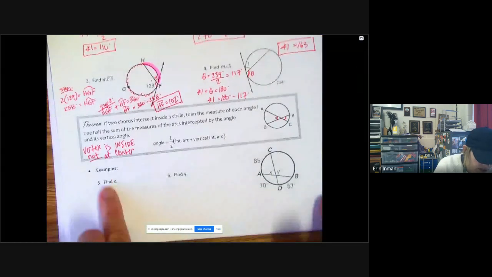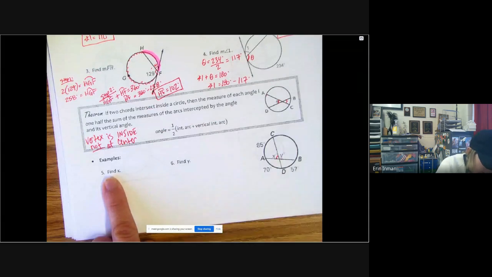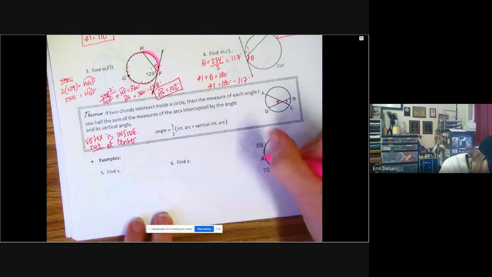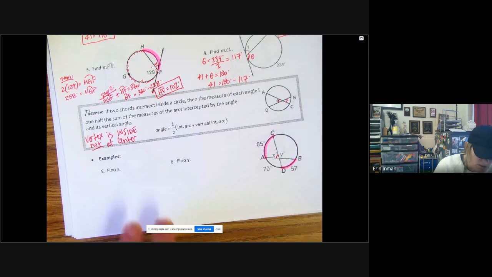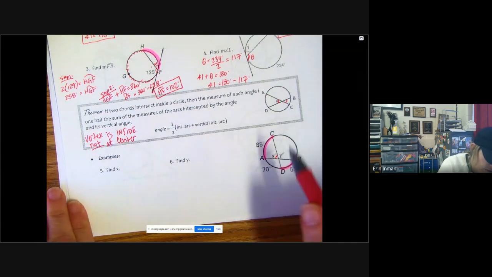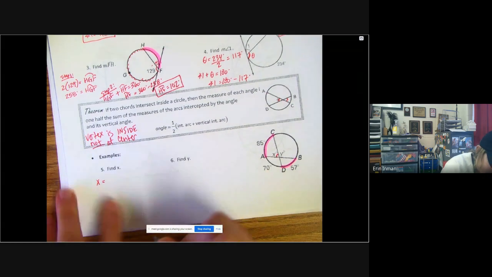Okay, so let's see in this first example. We're looking for angle X, and notice that the arcs that are formed by those intersecting chords are 85 degrees and 57 degrees. And so when we are looking for this, we can say that angle X is going to be the average.